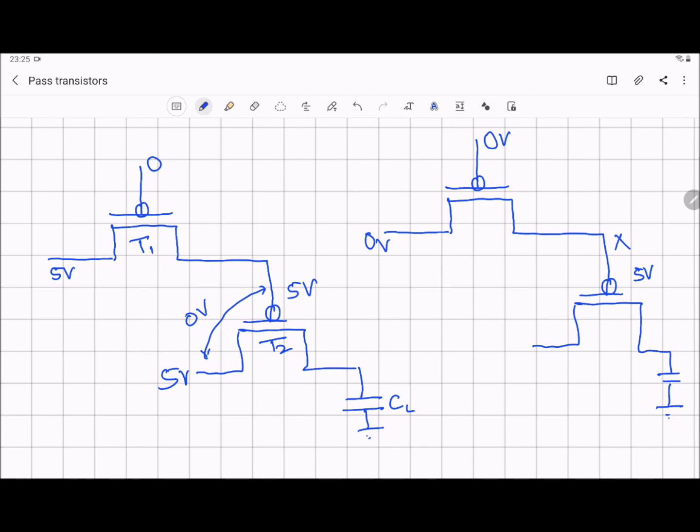Okay, that is my assumption. Here again I am applying 0 volt, and this capacitor is also going to be charged at the beginning to 5 volt. So these two 5 volt signals are my assumptions. Okay, so I have charged this anyhow.